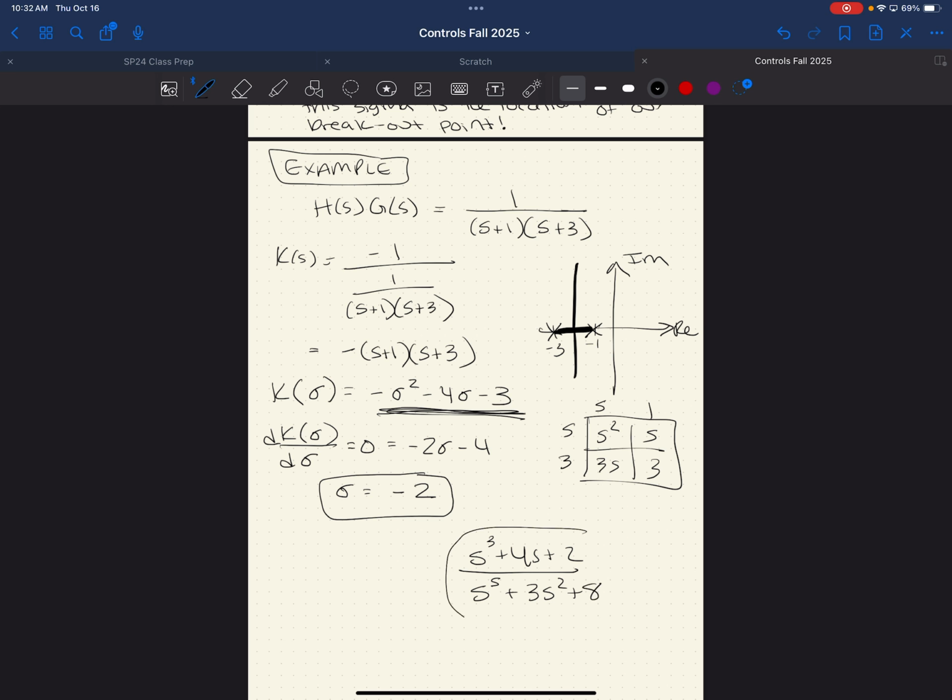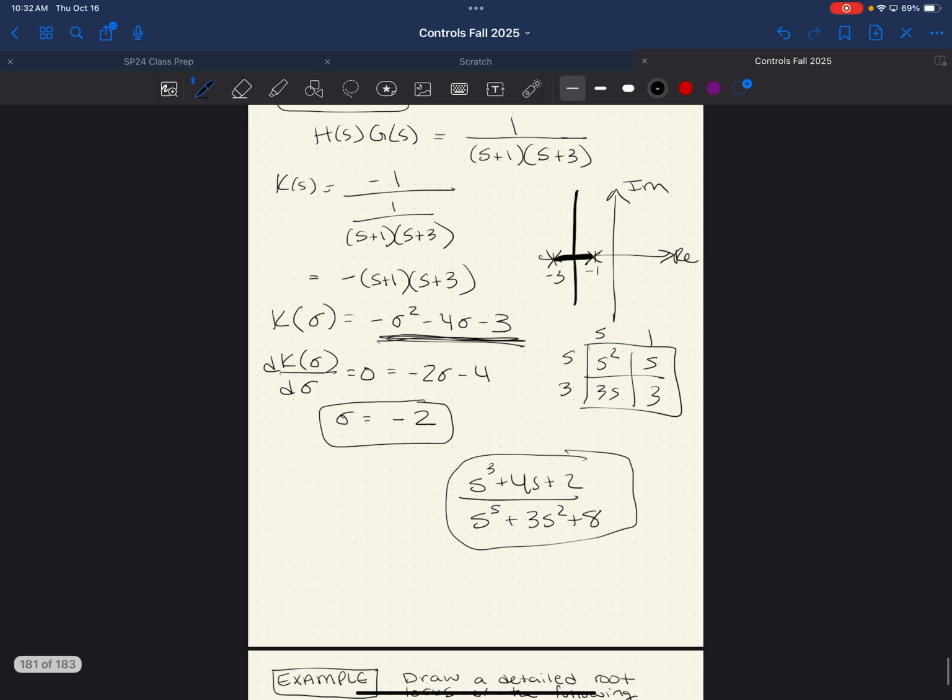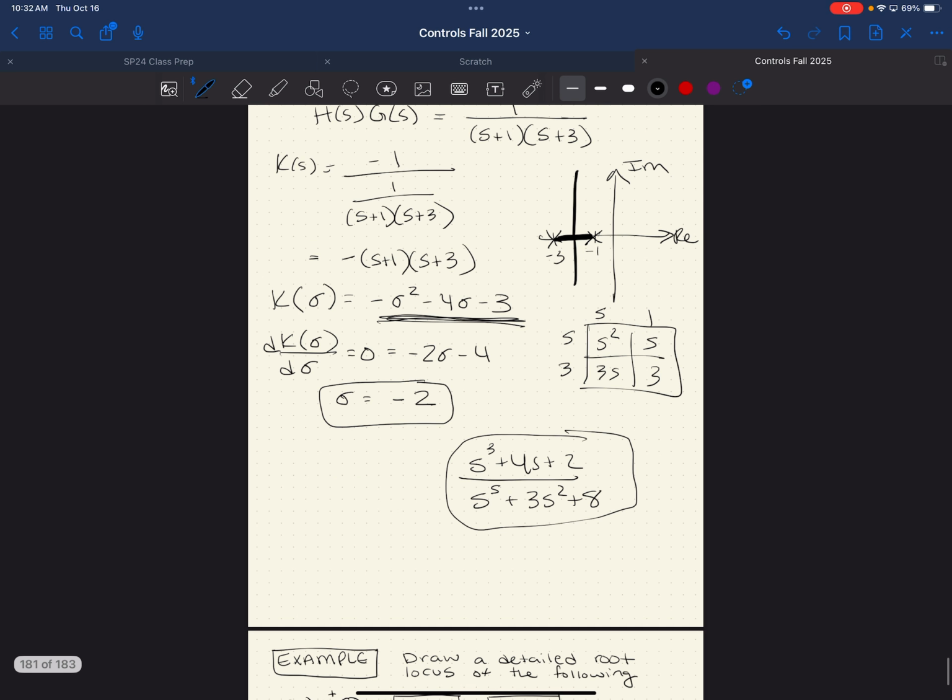We would end up with a fraction made up of polynomials, so polynomial on the top and the bottom. And in this case, if we need to take that derivative, we need to remember our derivative of fractions rule, which says that the derivative of h of sigma over, we call the numerator the high and the denominator the low.